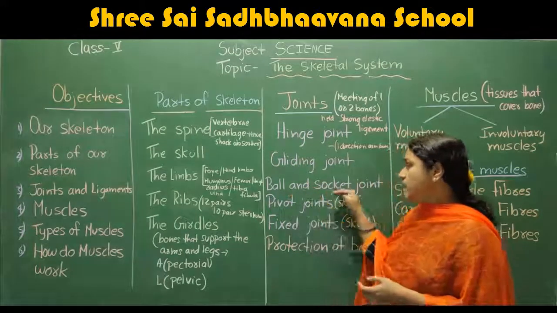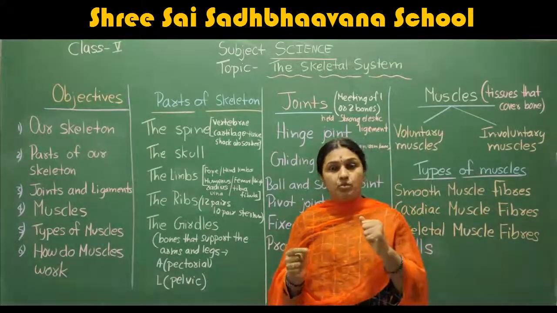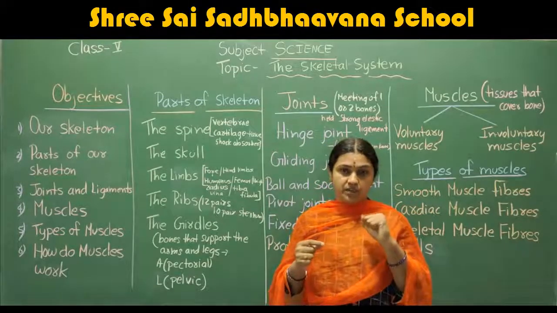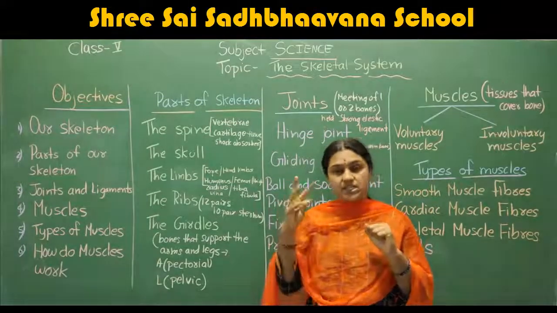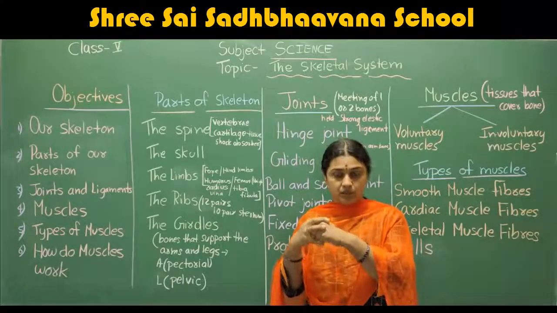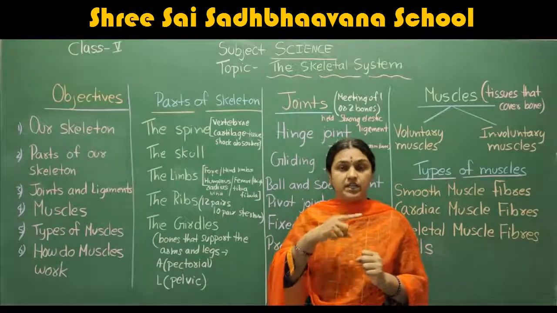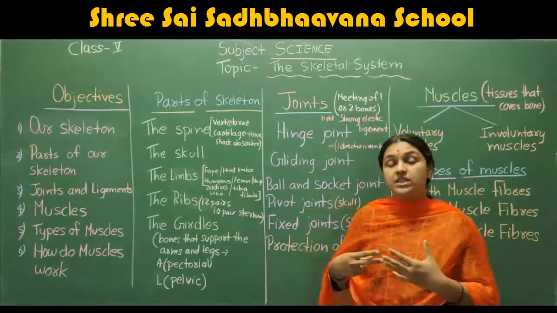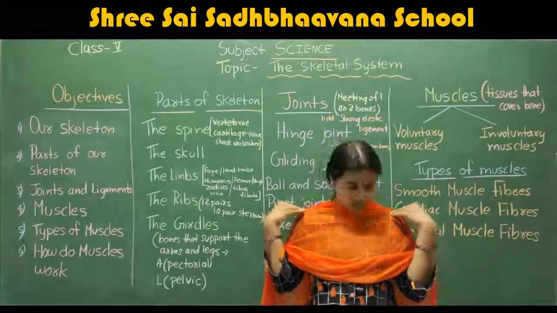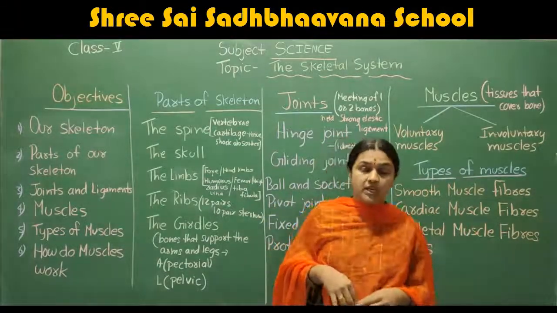Then we have the ball and socket joint. These are made up of two bones. One bone has a ball-shaped structure, and the other has a spherical socket. The ball sits in the socket, and this helps in movement in a rotational circle, like the shoulder, which we can move, and the hip, which we can rotate.